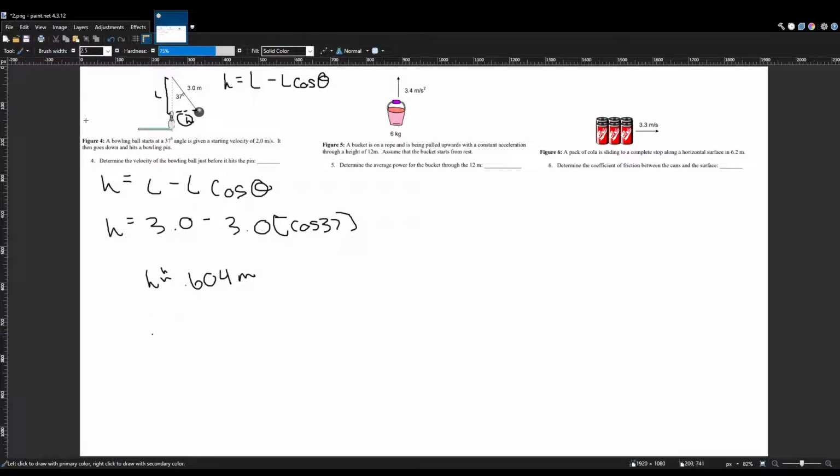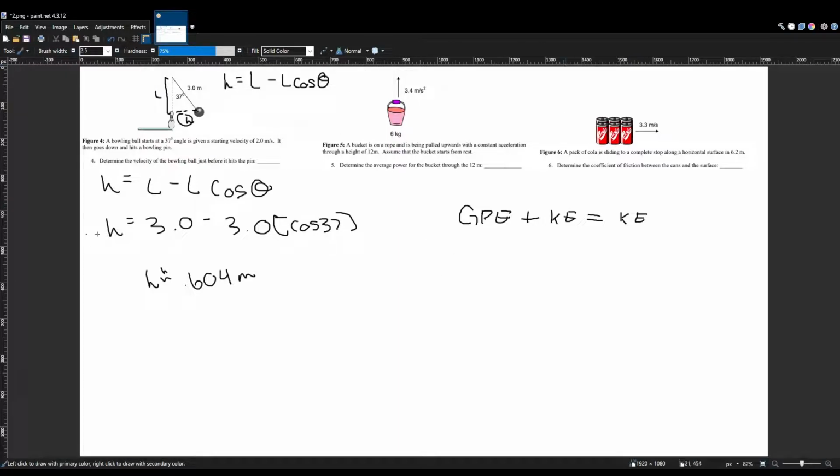So with this information, we can create our equation. We're going to be using the law of conservation of energy here again. So our equation is going to be gravitational potential energy plus kinetic energy equals just kinetic energy. Now let's unpack this for a second. What do we know about this?